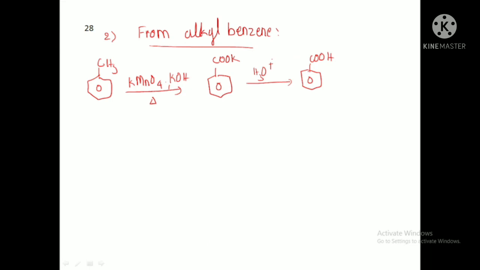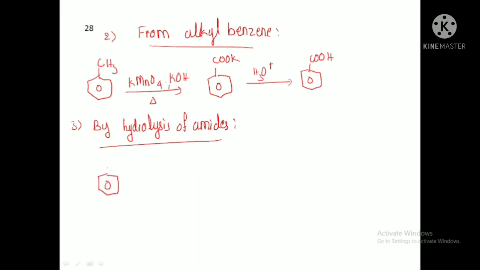Okay. So next, the third method is by hydrolysis of amides. So if I take benzamide, C6H5CONH2, this is benzamide.